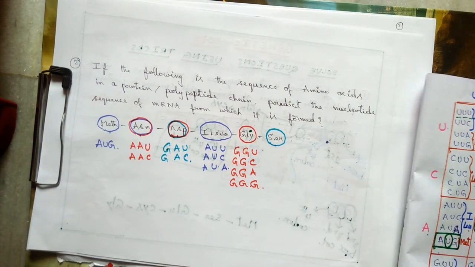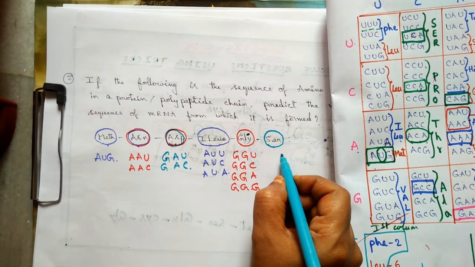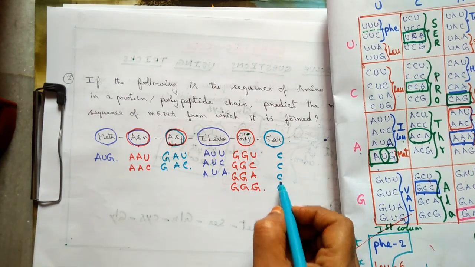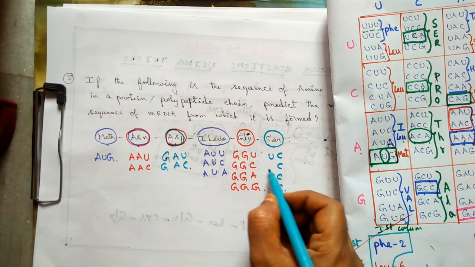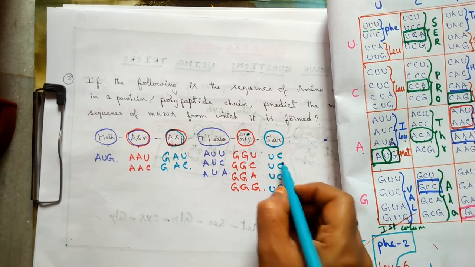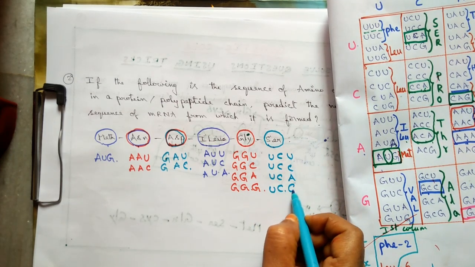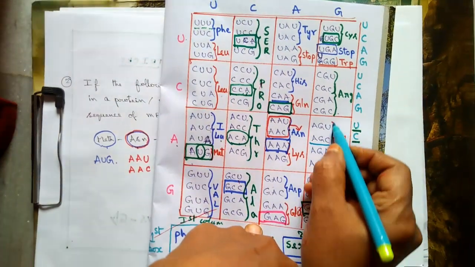The nucleotide base for the second column is C. Next, the first nucleotide base for the first box is U. Next, the last base is U, C, A, G.